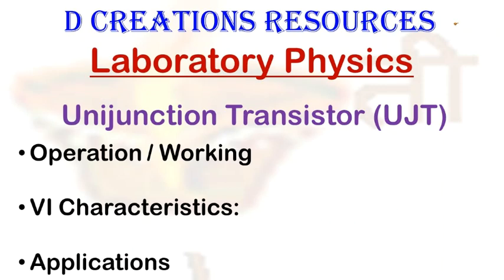When the emitter voltage reaches the peak point voltage, the diode becomes forward biased and the emitter current begins to flow. Under this condition, the UJT is said to be fired, or triggered, or in simple terms, turned on.